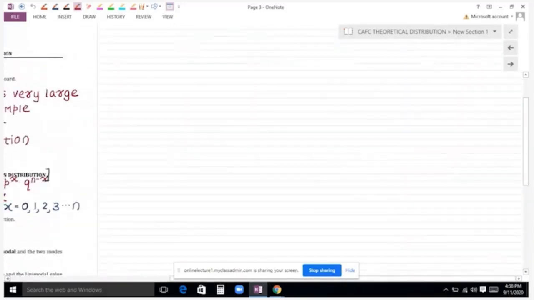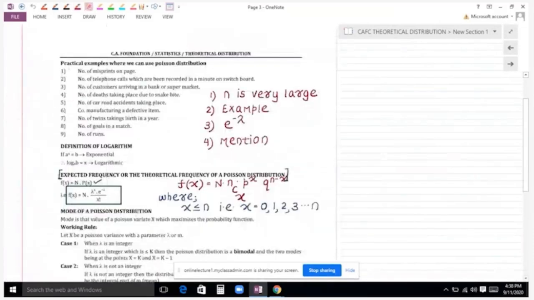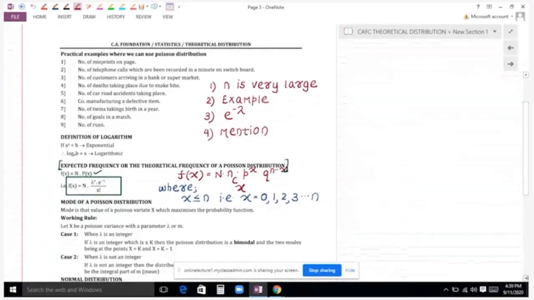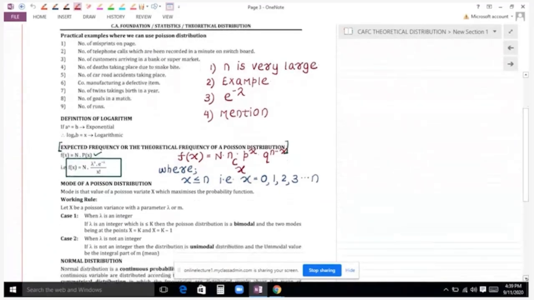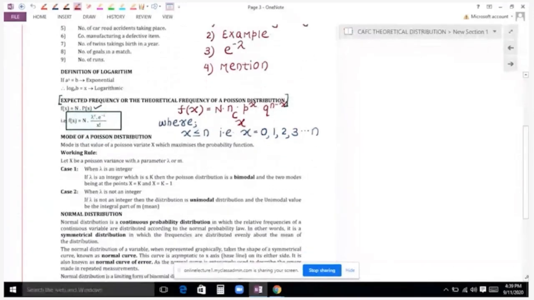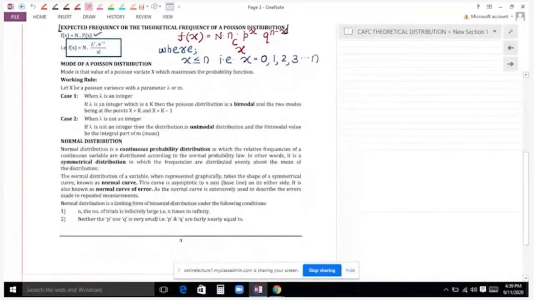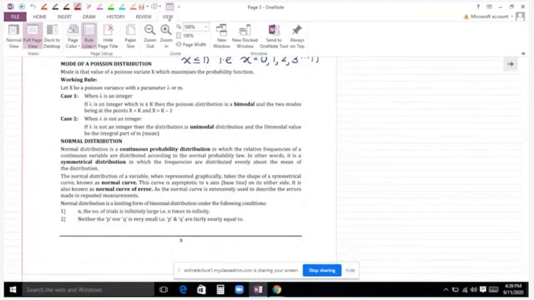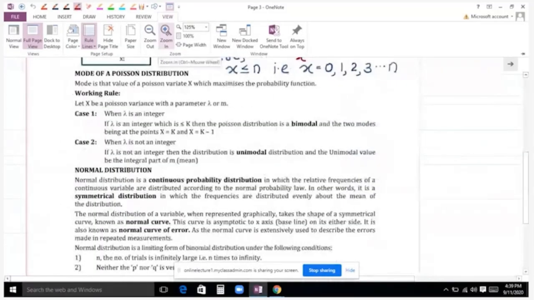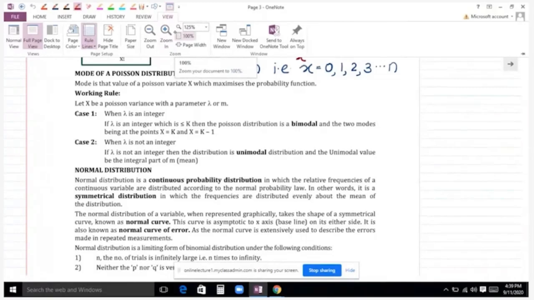Because of that reason, we call the Poisson distribution a uniparametric distribution. So, are you all ready?